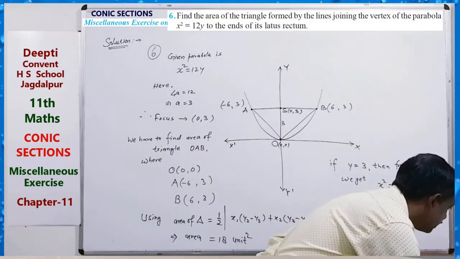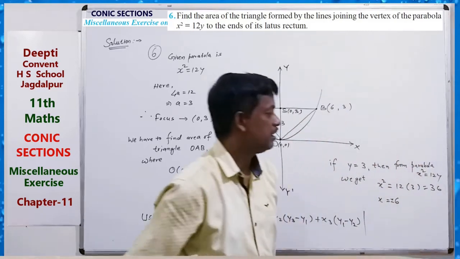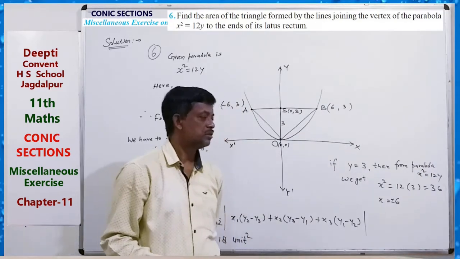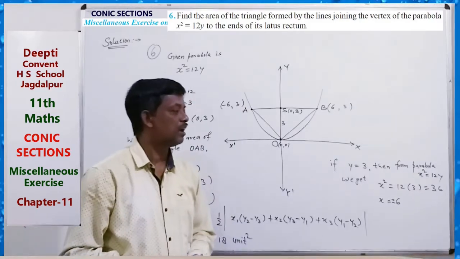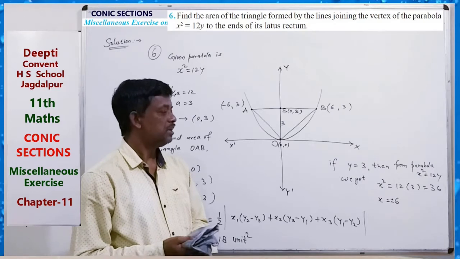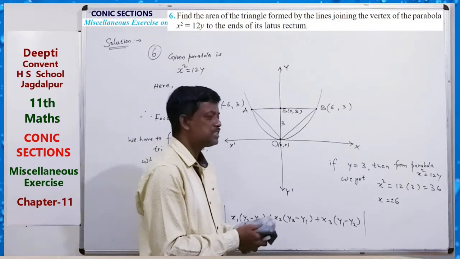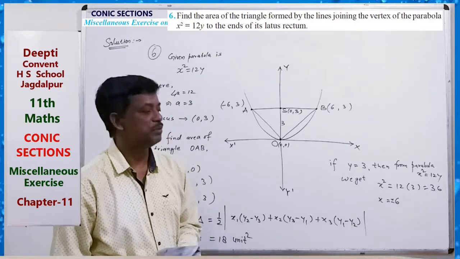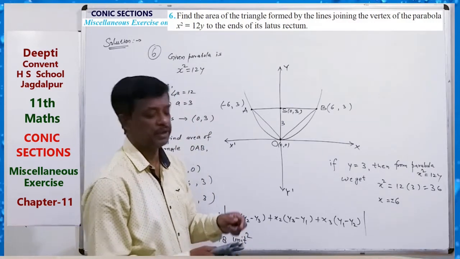Now question 7. A man running a race course notes that the sum of the distances from the two flag posts from him is always 10 meters and the distance between the flag posts is 8 meters. Find the equation of the path traced by the man.